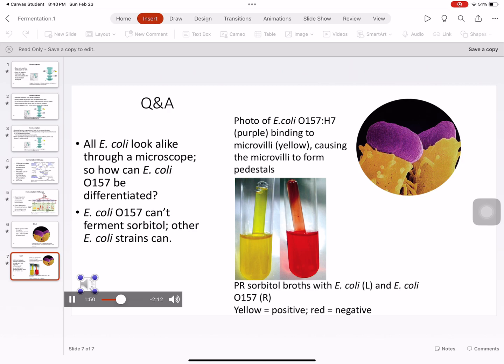So E. coli O157 gives us a negative result, the red. So this is how we can use an organism's metabolic capability, or in this case, lack thereof, to profile it, to get a handle on what it actually is.